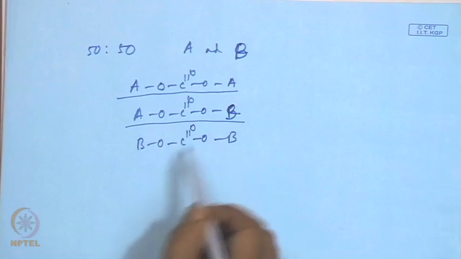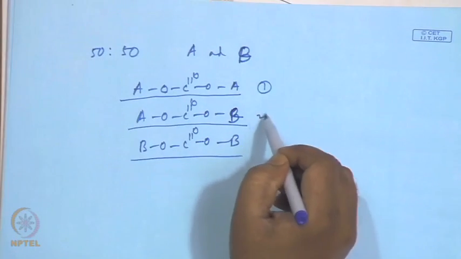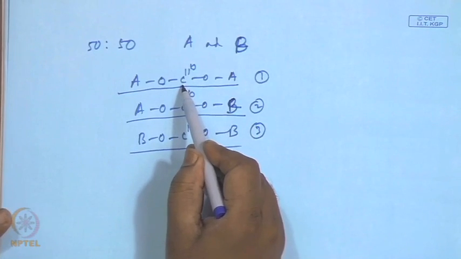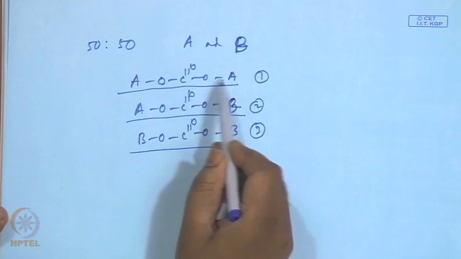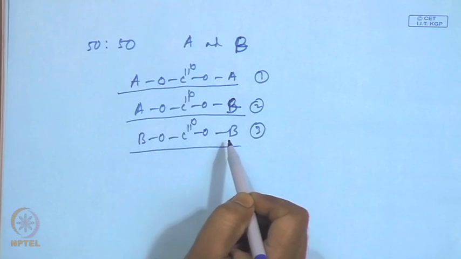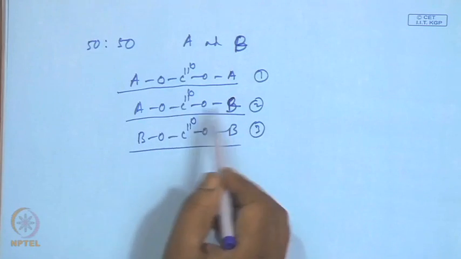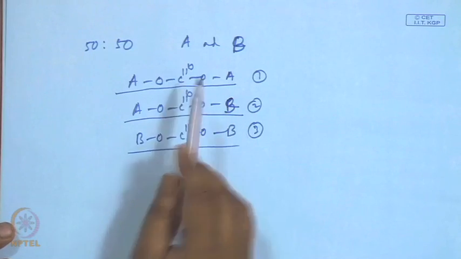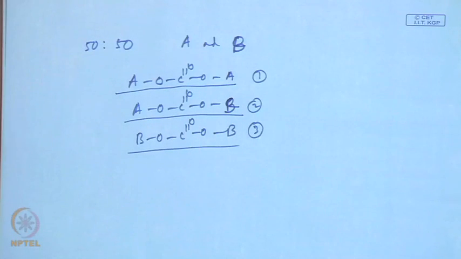This one, this is 1, 2, 3. Now, this peak we can find from a homopolycarbonate of A, this one from homopolycarbonate of C. So, the third peak would be from this.